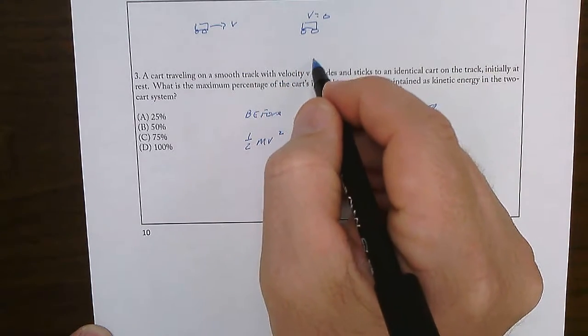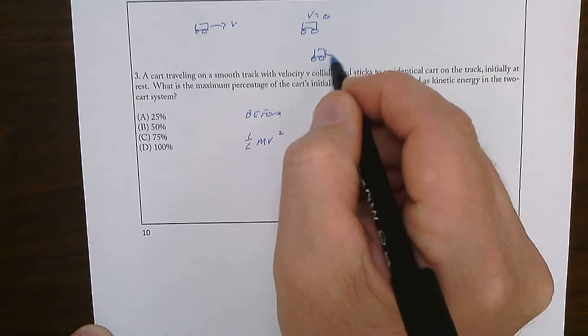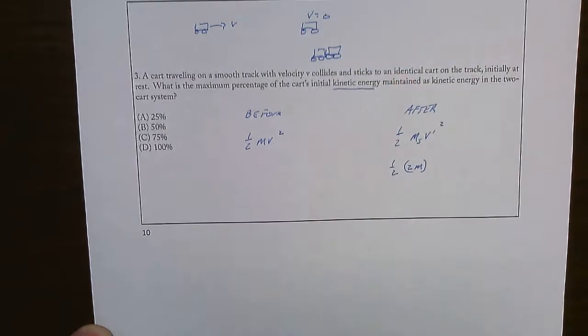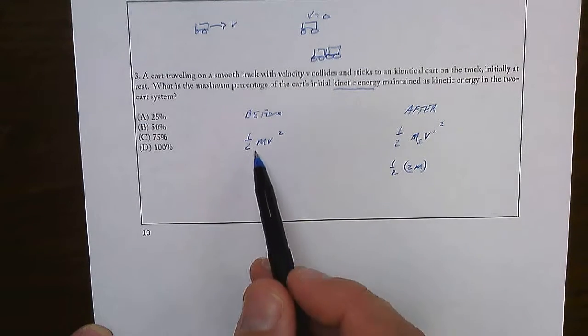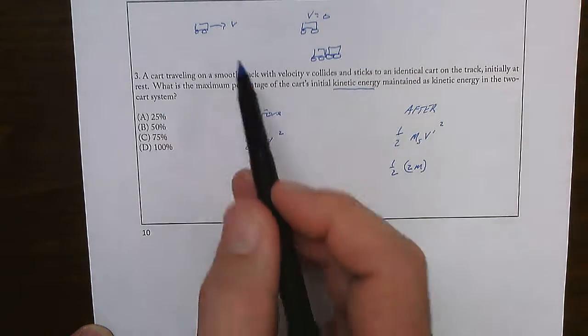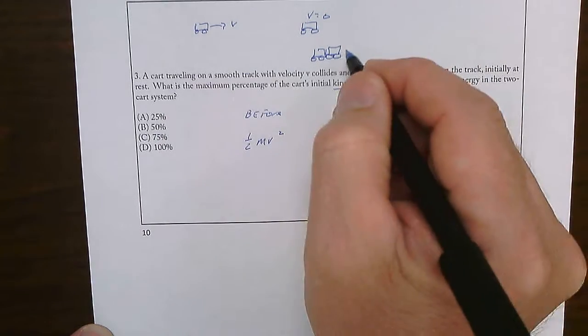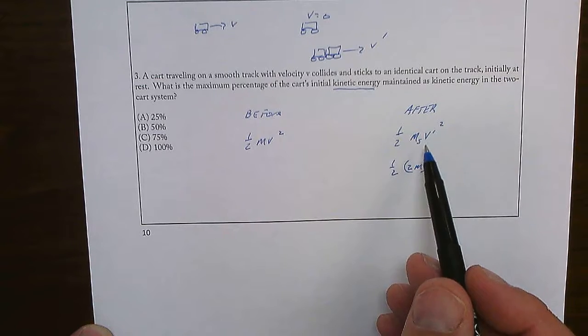And then after the collision, they stick together and they go off as one, which means the mass of our system after the collision is 2m, whereas before it's m. So now our comparison won't be complete until we figure out how this v here compares with the speed of the system afterwards.